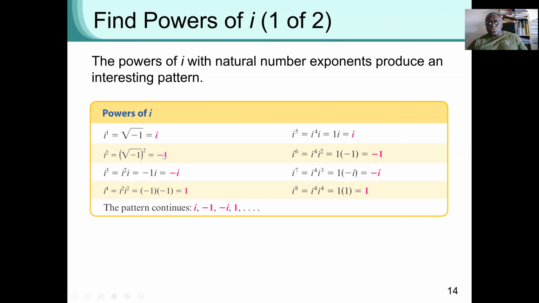Then i cubed is i squared times i. i squared is negative 1, so negative 1 times i gives me negative i. Then i to the power 4 is i squared squared, so negative 1 times negative 1 will give me positive 1. i to the 5th power is i to the 4th power times i, and i to the 4th power is 1. 1 times i is i. And we keep going.